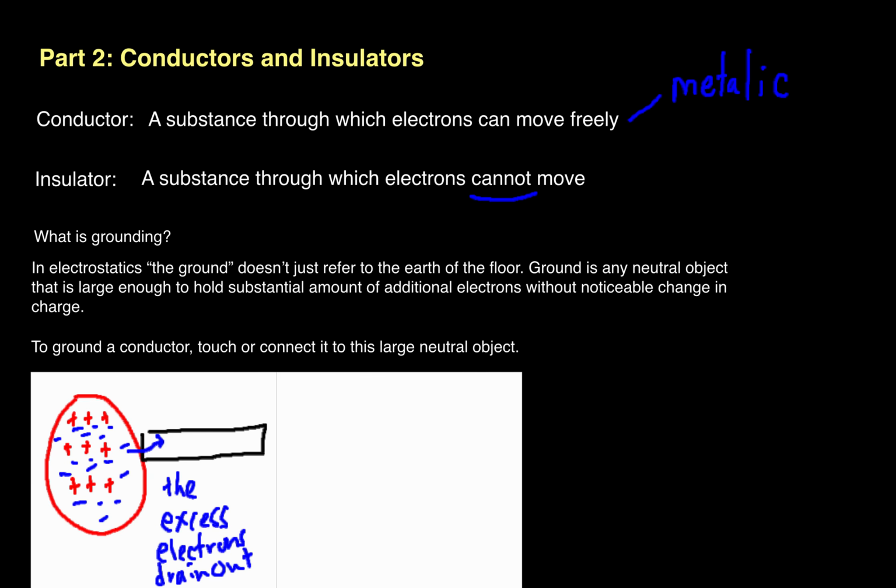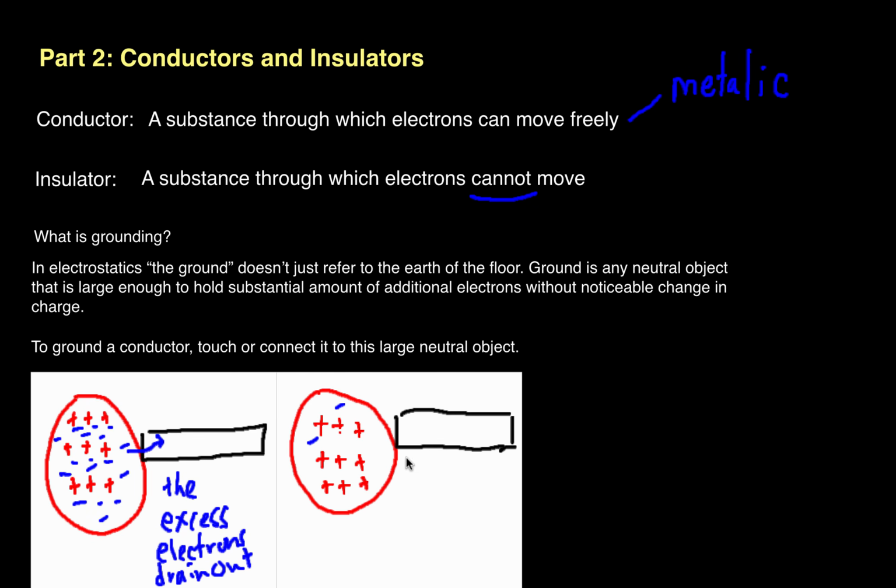If you have a positively charged conductor and you want to ground it, it's positively charged because it has more protons than electrons. If you want to ground it, you touch it again to a neutrally charged object. For example, here's a neutral rod.